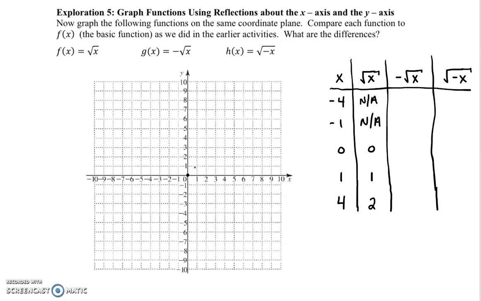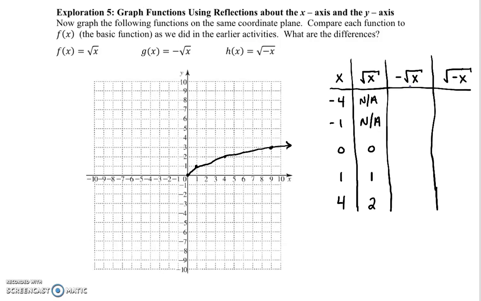So our original square root function looks like this. It's like a parabola that's been turned on its side, remember? We talked about this in the library of functions in section 3.4.